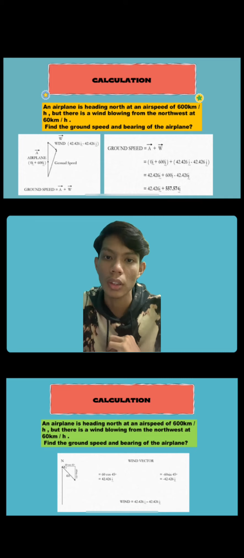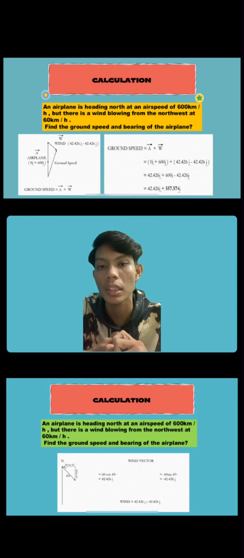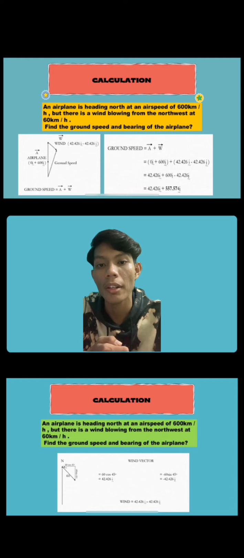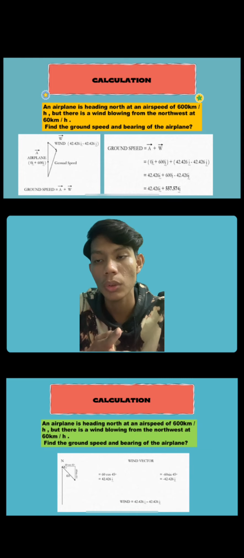Secondly, how to calculate the ground speed? You must use A plus W, A for airplane and W for wind. Airplane is 0i plus 600j, and for wind is 42.426i minus 42.426j.